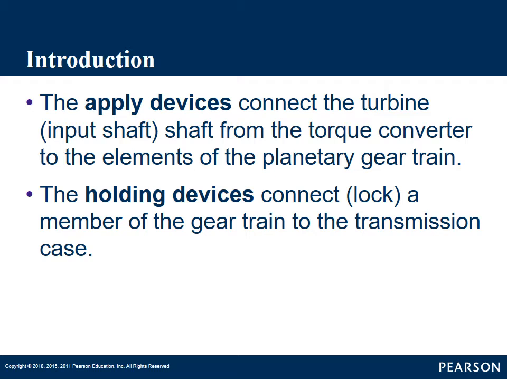Okay, and then the holding devices, these lock or connect a member of the gear train to the transmission case. That's how they're able to hold that member, by a band or clutch pack that is linked to the transmission case. Then we're able to hold and lock that member.